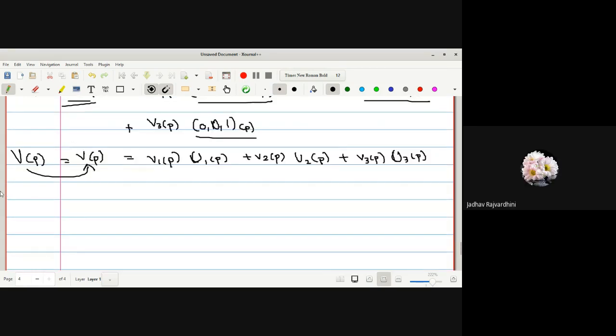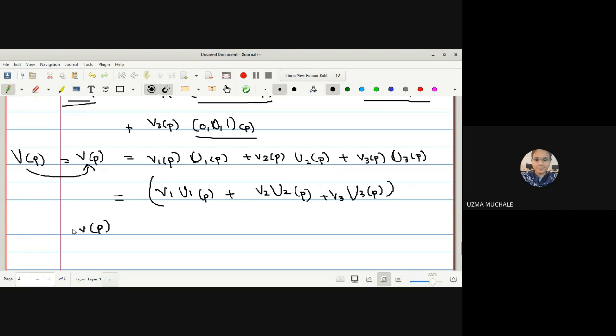No, ma'am. If not, let us now combine this. So we can have V1 U1 evaluated at a point P plus V2 U2 evaluated at a point P, because point P is common here, no? Plus V3 U3 evaluated at a point P. Now this point P we can take outside.